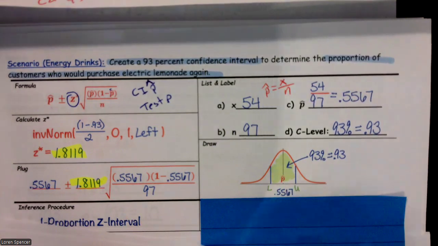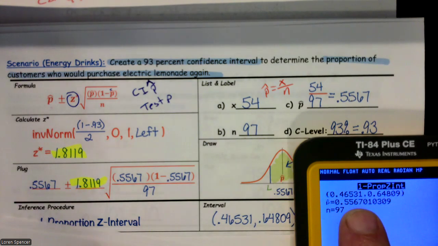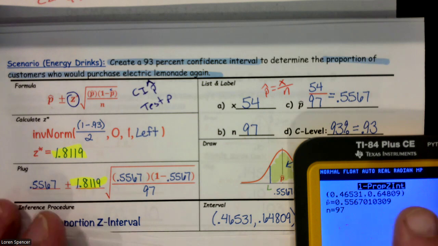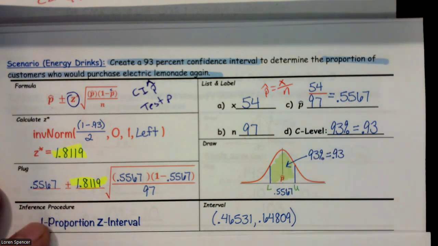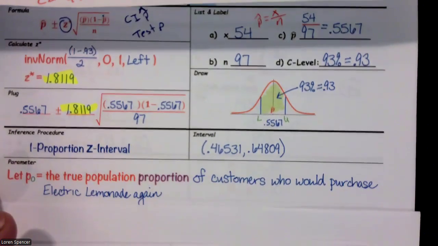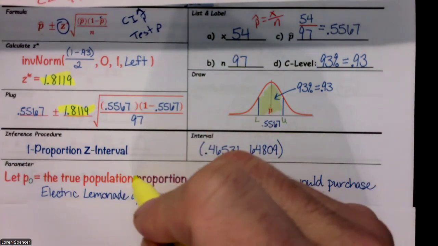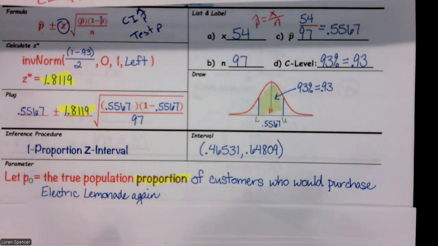We don't know for sure how many people will buy it, but based on this, somewhere between 46.5% and 64.8% look like they would buy it again. So what's our parameter? Same as before in our hypothesis test: p equals the true population proportion of customers who would purchase electric lemonade again. The key is to make sure we're talking about proportion. We're no longer working with means.